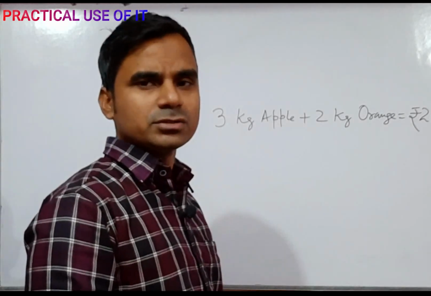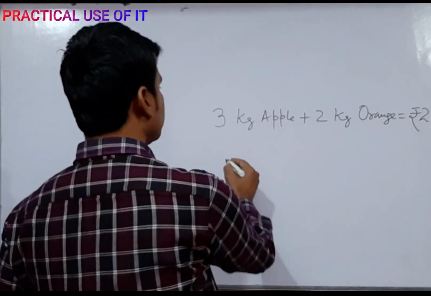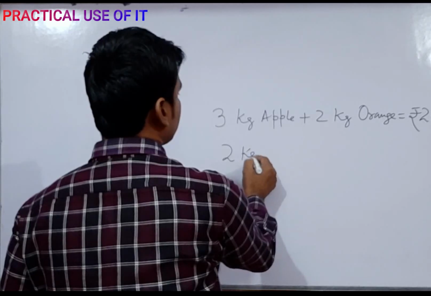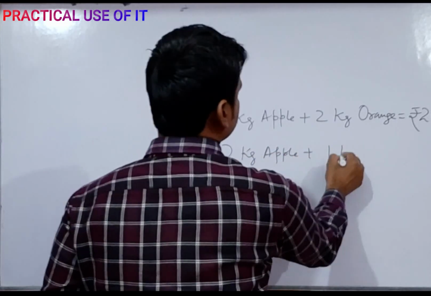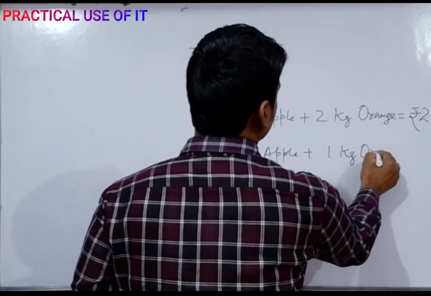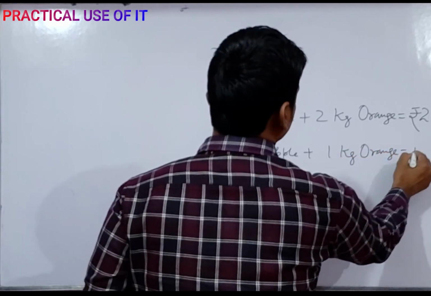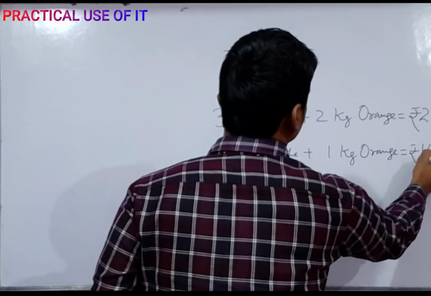Second day again he goes to the market and he buys 2 kg apple plus 1 kg orange, and he pays 160 rupees.